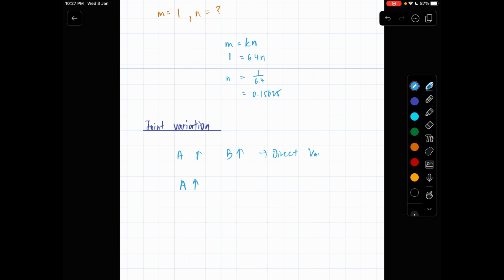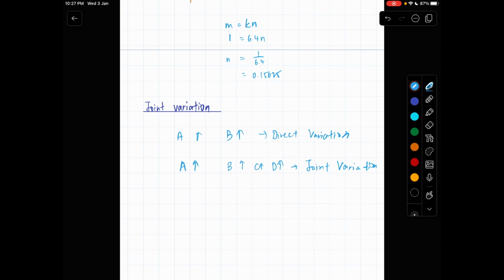But for joint variation, when A increases, B increases, and at the same time C also increases and D also increases. So when we have more than one value that's increasing in proportion to A, we call this a joint variation. Like it's joint, that are more than one.